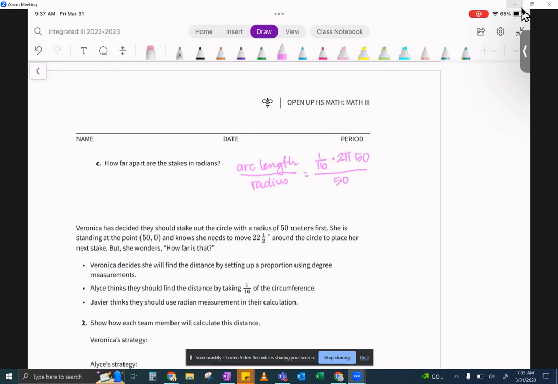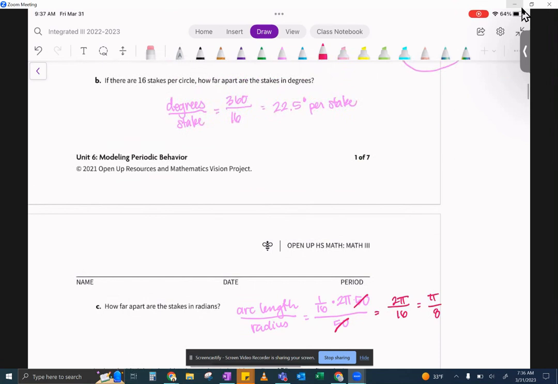So if you notice, these 50s will divide out. And so we get 2 pi over 16, which is just pi over 8. So we're dealing with a circle or a triangle that has a radian measure of pi over 8, or in terms of degrees, 22.5 degrees.